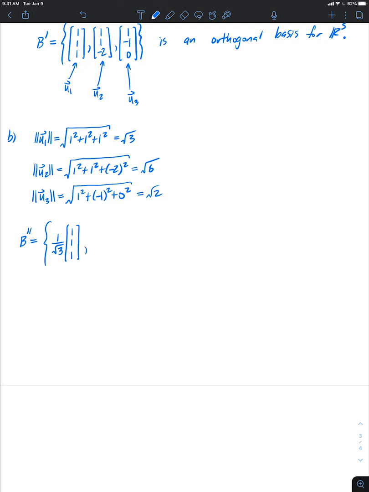The second vector will be 1 over the norm of u2, which is 1 over root 6, multiplied by u2, which is 1, 1, negative 2. And then the last one will take u3, but we'll multiply it by 1 over the norm of u3, which is 1 over root 2 times 1, negative 1, and 0. Okay, so that is now an orthonormal basis.